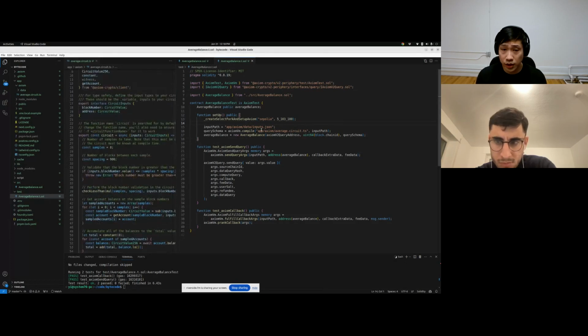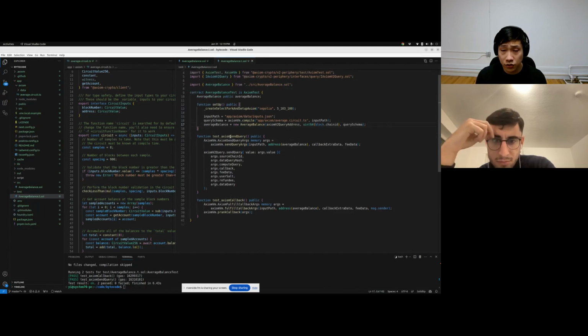So here we specify that we're compiling this circuit and we want to use some inputs which we specify in a JSON. We provide this contract Axiom VM, which is intended to mimic the Foundry VM. Once we compile, we can get the query schema, which was the unique identifier of the circuit that we alluded to earlier. And we instantiate this average balance contract using this query schema.